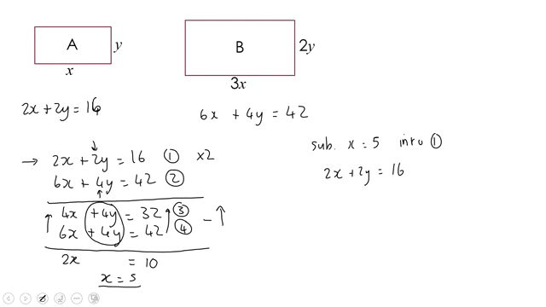Subbing x equals 5 into 2x means I work out 2 times 5, which is 10. 10 plus 2y equals 16. So take 10 from 16, leaves me with 6. So 2y equals 6. How many 2's are in 6? It's 3. So again, we've been able to solve these equations. Let's write it down. x equals 5 and y equals 3.